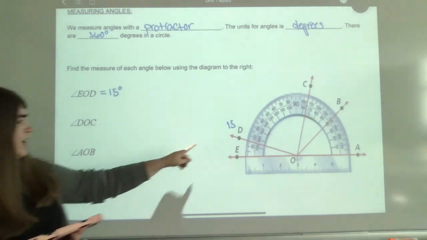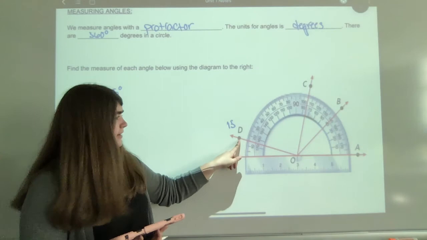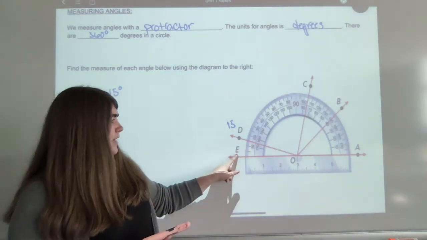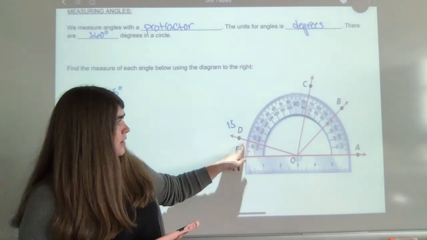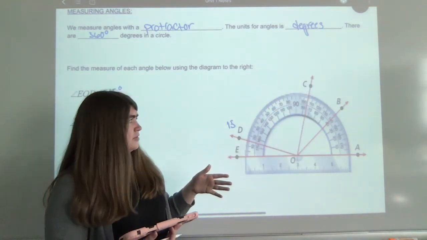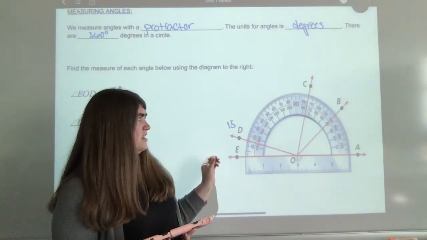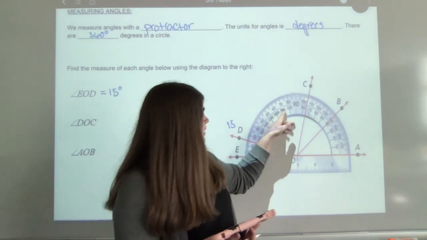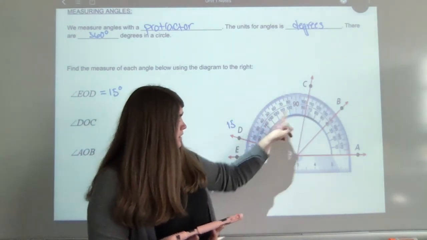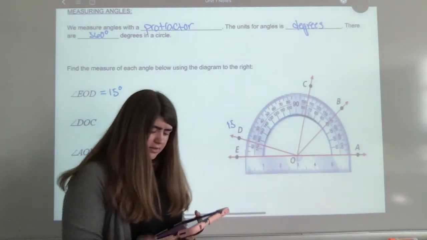Next, it asks for angle DOC. Okay, well, I found that D was at 15, and that's our starting line for our angle. Because this isn't on 0, I can't just find the number that this is sticking out at. I have to do some subtraction. So I'm going to figure out where C is at, and then we're going to do C minus D. So I'm on the outside measurements, because I started on the outside over here. 95, 100, 105 is what that looks like to me.